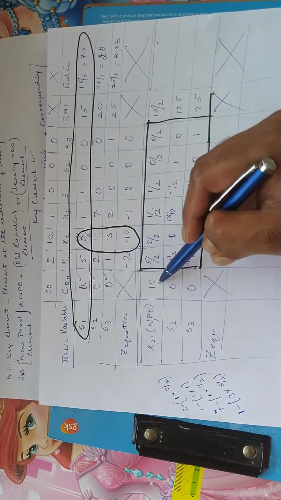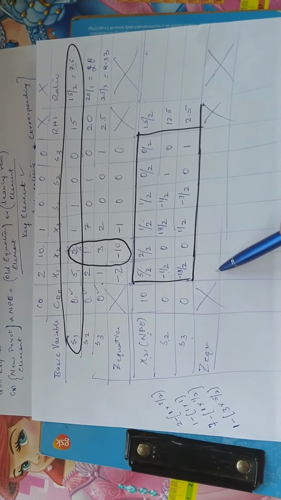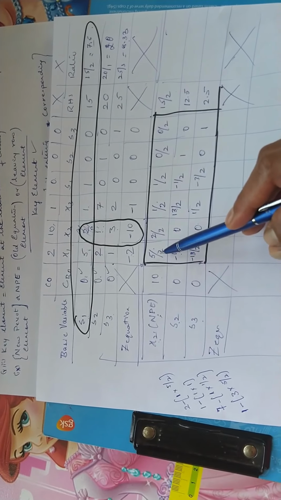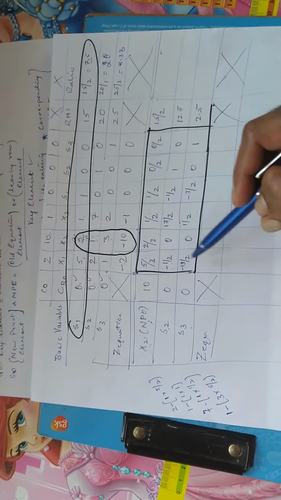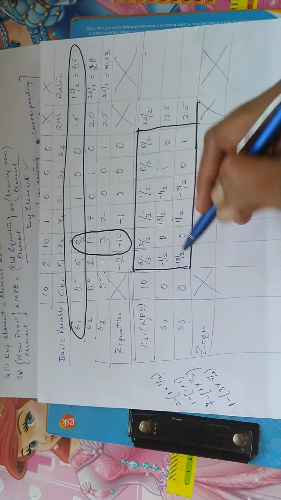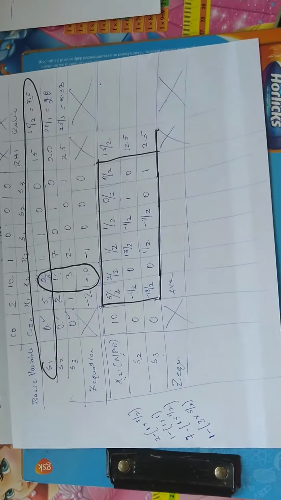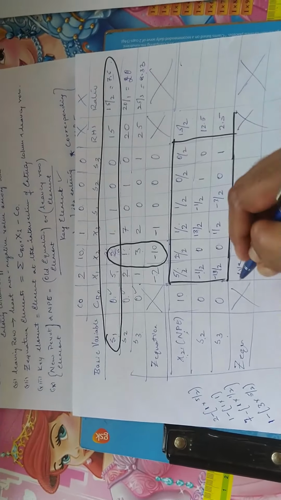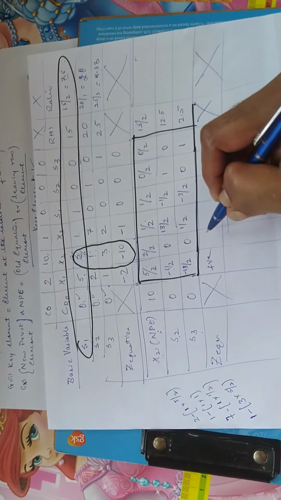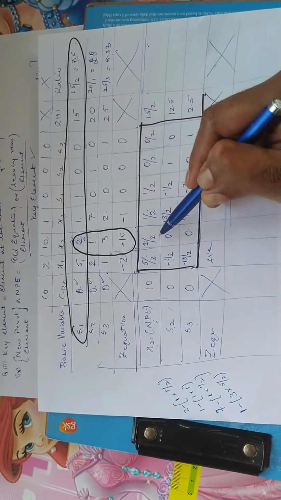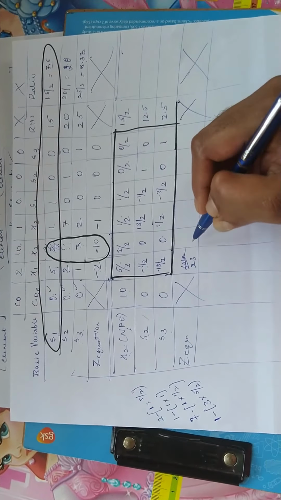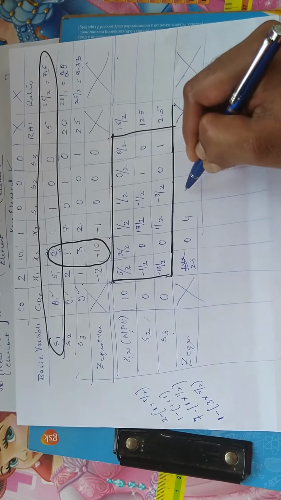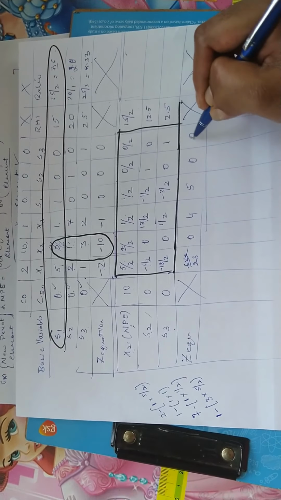In this particular case, in order to find the Z equation values: 10 into 5 by 2 plus 0 into minus half plus 0 into minus 13 by 2, the whole of this minus minus 2, so it becomes a positive value. Similarly, the rest of the values here come to around 23, this is 0, this is 4, this is 5, 0 and 0.